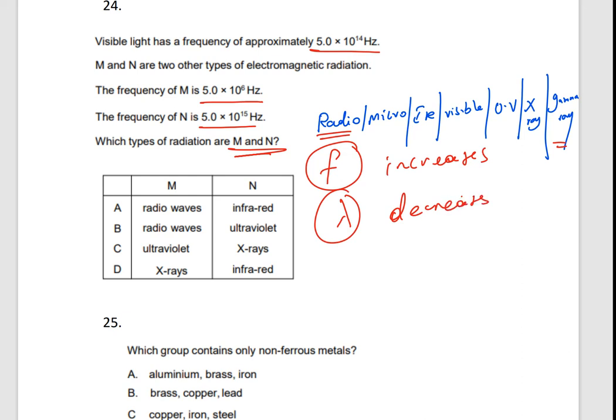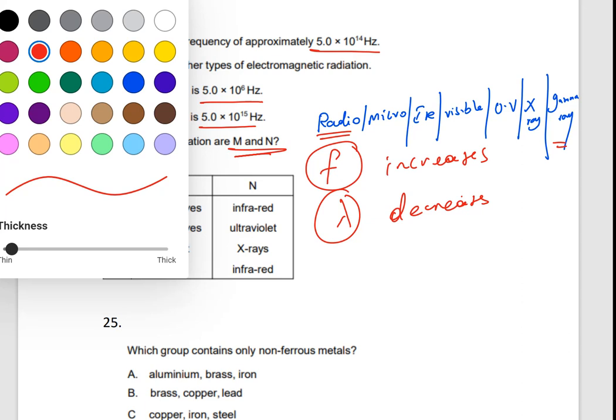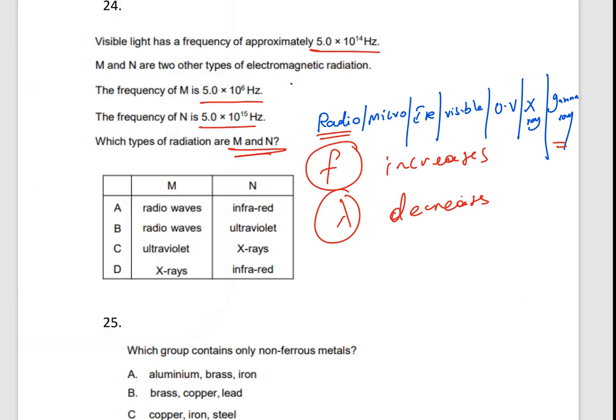Right? Now look at the values you have. It's talking about frequency, 5.0 times 10 to the power of 6. Frequency increases along that direction, which means f is smaller here, and f is greater towards the other end of the spectrum.